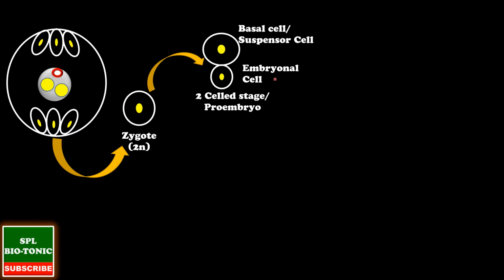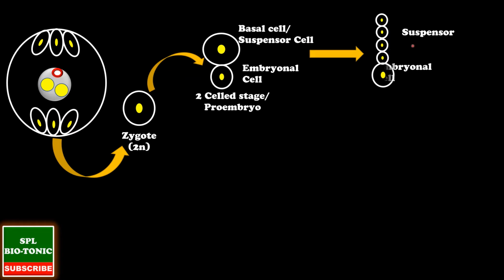Now this suspension cell divides vertically to form several cells, forming the suspensor. The role of the suspensor is to push the embryo deep into the endosperm so that the embryo can absorb the food of the endosperm easily.